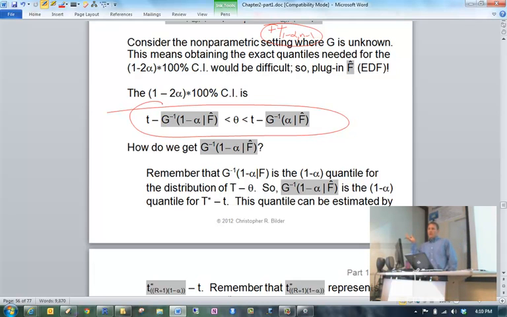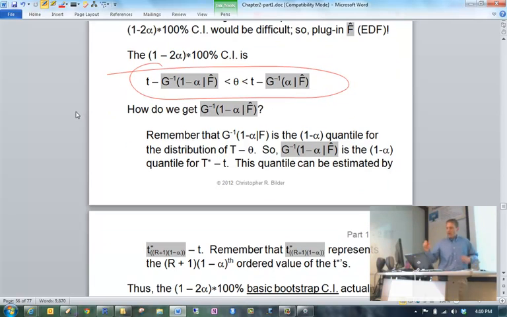Well, we talked about this actually earlier when we were looking at estimating quantiles from a distribution. So all that this notation means is I want now the 1 minus alpha quantile from the distribution of T star minus T. Of course, it's going to be very unlikely that you're going to be able to figure out this exactly if you're in the non-parametric bootstrap setting.